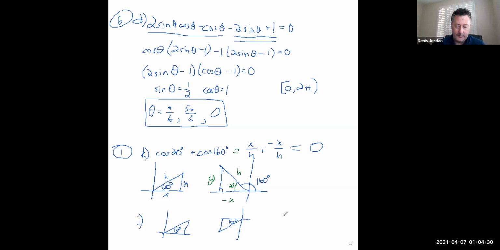For cosine, they'll cancel if you have a triangle on the left side and another triangle on the right side, as long as the triangles are the same. Very nice.